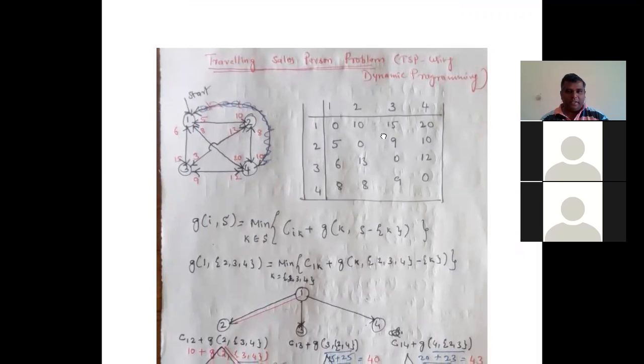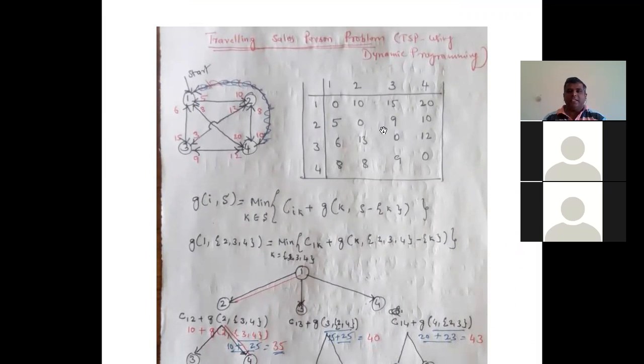So today we are discussing traveling salesperson problem using dynamic programming designing technique. So traveling salesperson problem in the sense, in a set of cities, and all cities are interconnected.